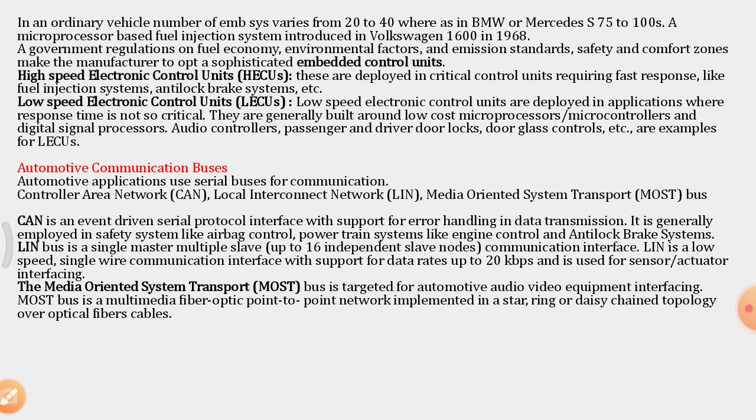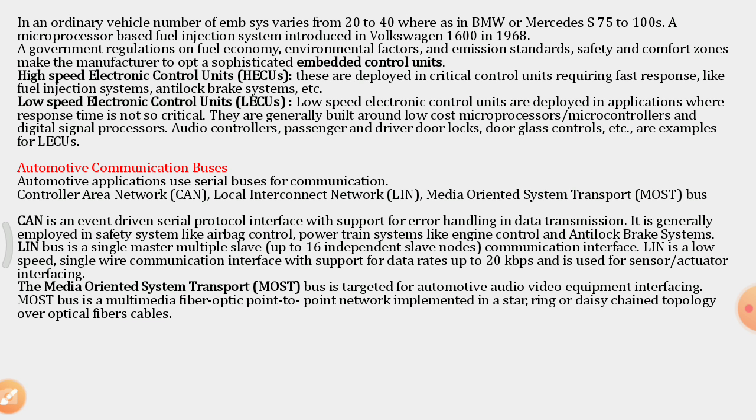High speed units are deployed in critical control applications requiring a fast response, like fuel injection or the anti-lock braking system, which should respond very quickly whenever an event occurs.